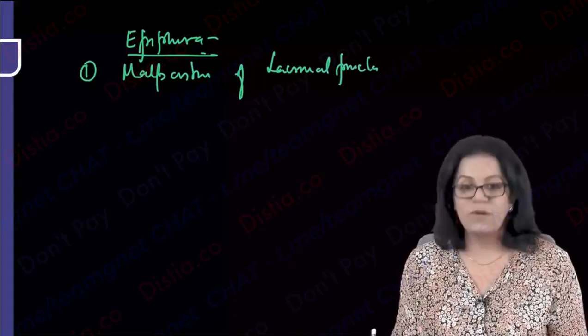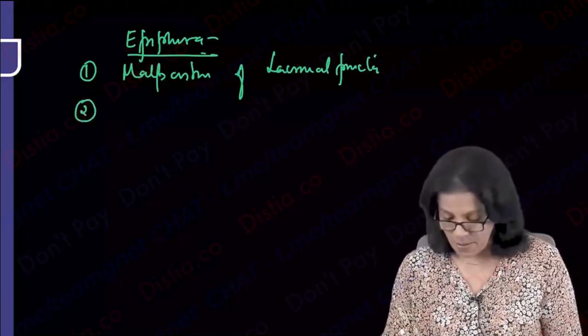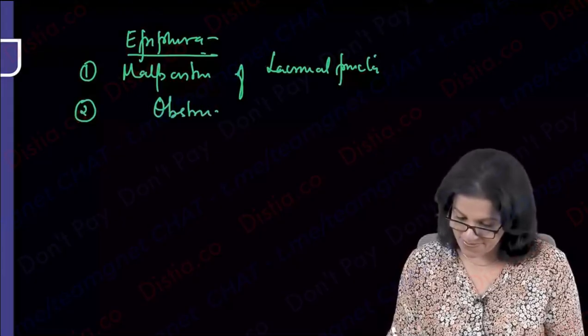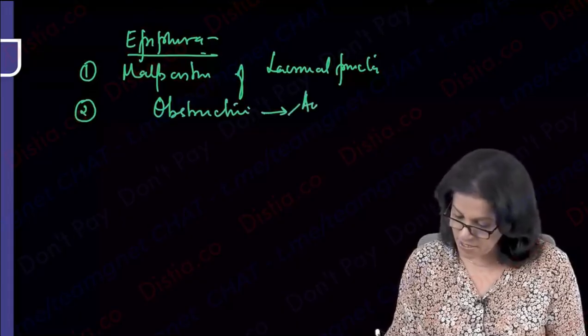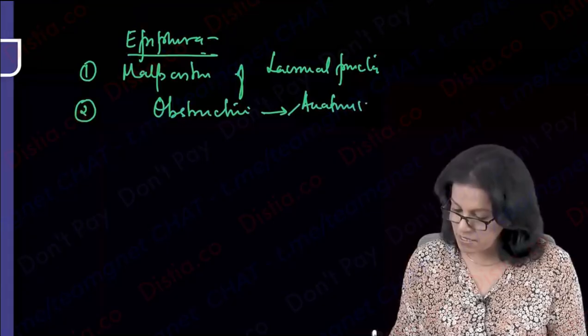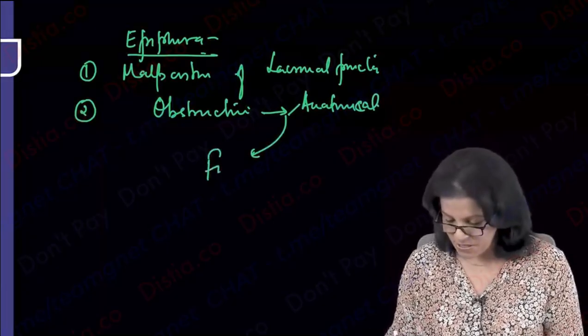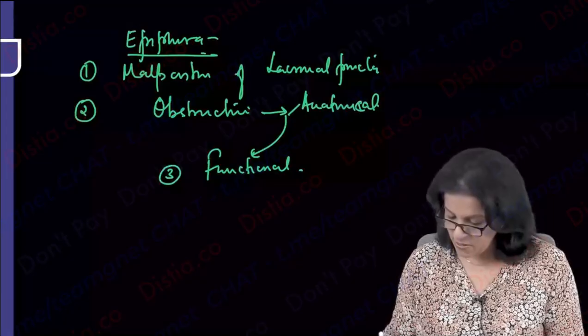Okay. What about the next? Think about something else. There will be obstruction in the lacrimal drainage system, of course. Any blockage and obstruction in the drainage system. Now, obstruction can be anatomical obstruction, or sometimes everything is fine and still there is epiphora because of functional obstruction. You can call it the third cause.